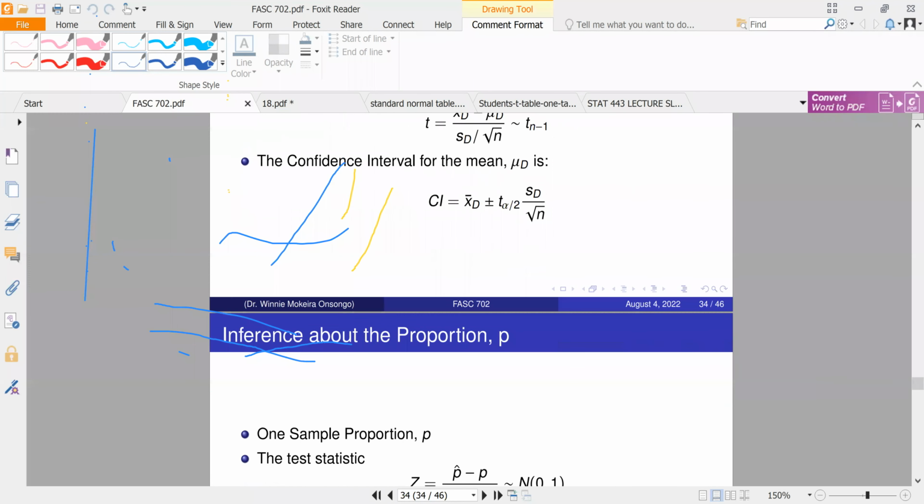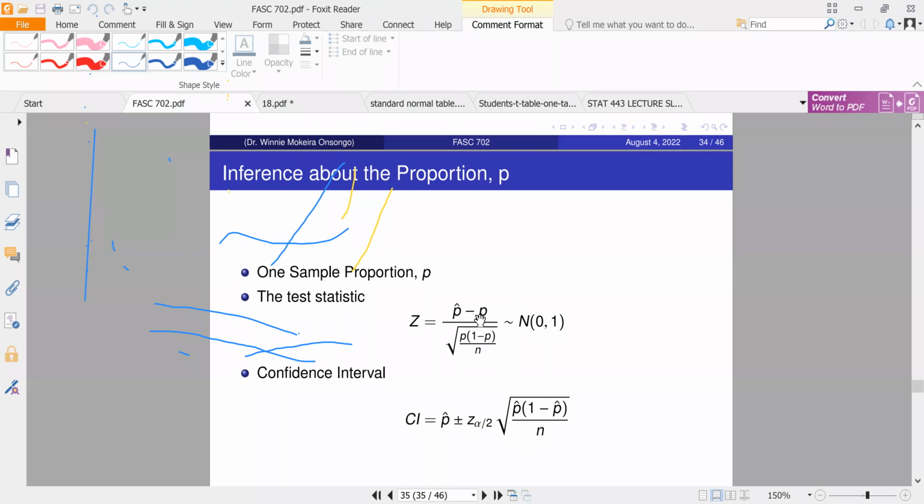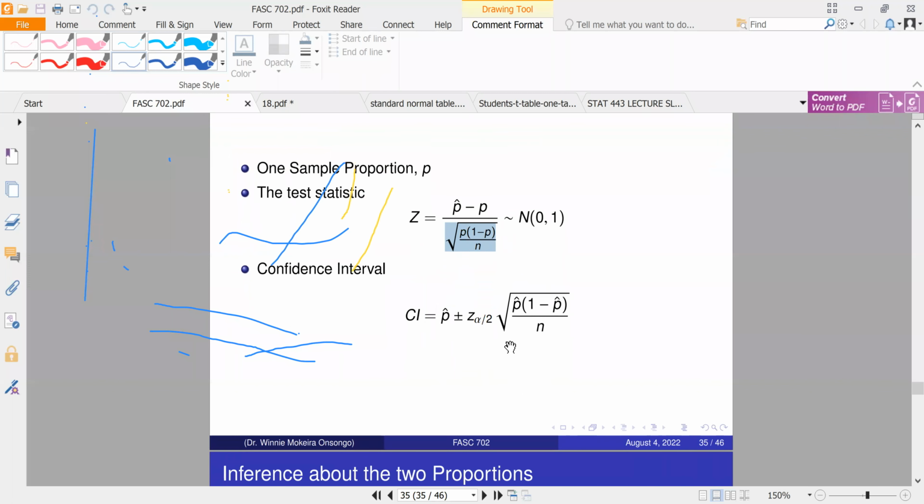The sampling distribution for the population proportion is normal, with mean P, where P is the population proportion, and that corresponding standard deviation. Once you know the two, you have the confidence interval for the population proportion of one population.